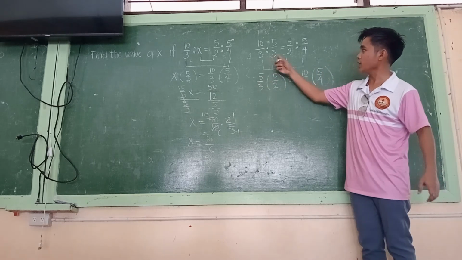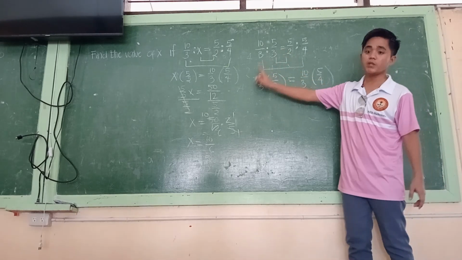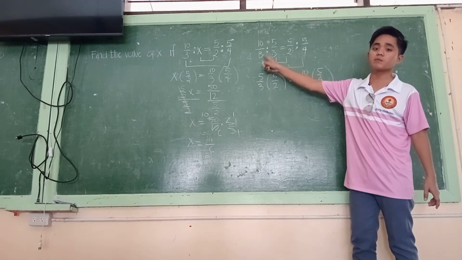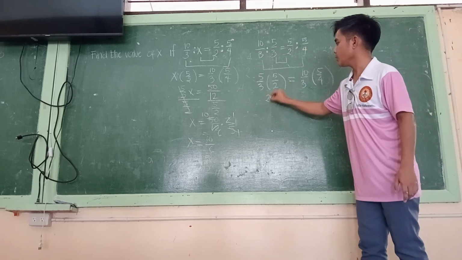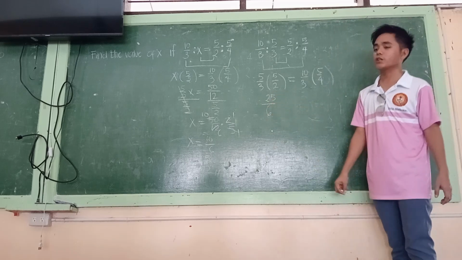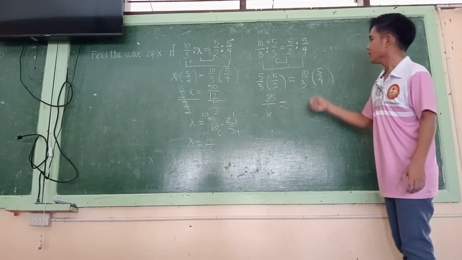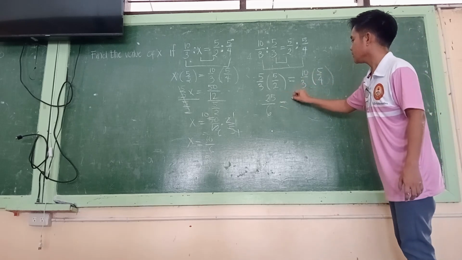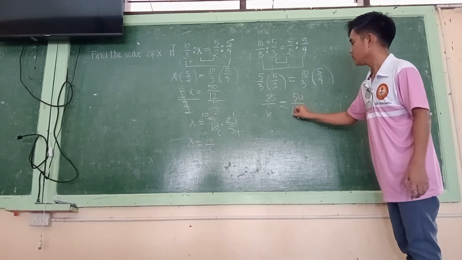The 5 over 3 and 5 over 2 are the means, so their product should be equal to the product of the extremes. So we have 5 times 5, so we have 25 over 6, is equal to 10 times 5, 50, over 3 times 4, 12.